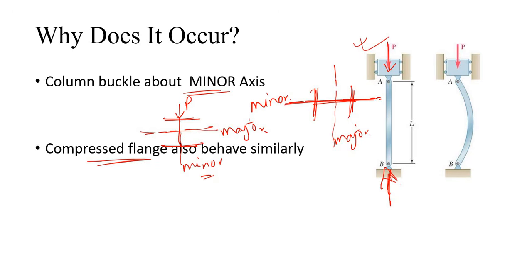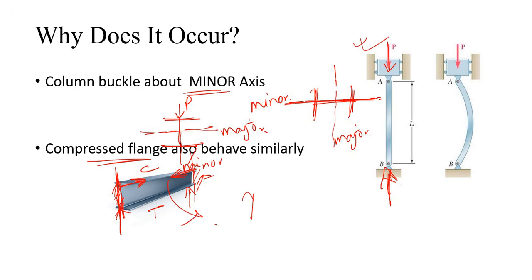The compression flange will definitely buckle. They have put the I section also. So this is tension, this is compressive force. So this compressive force is acting like this. Okay, so assuming it is fixed, this is also fixed, and we simply cut this out, it is subjected to a compressive force.